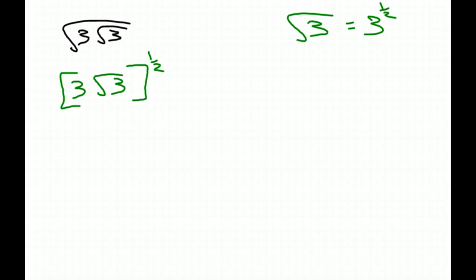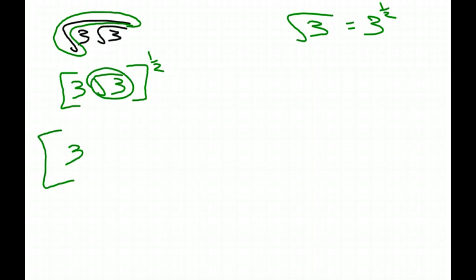All I did was replace this radical sign with a 1/2. Then I'm going to take my other 3 right here and change it to 3 to the 1/2 power. So I got rid of my radical signs completely.